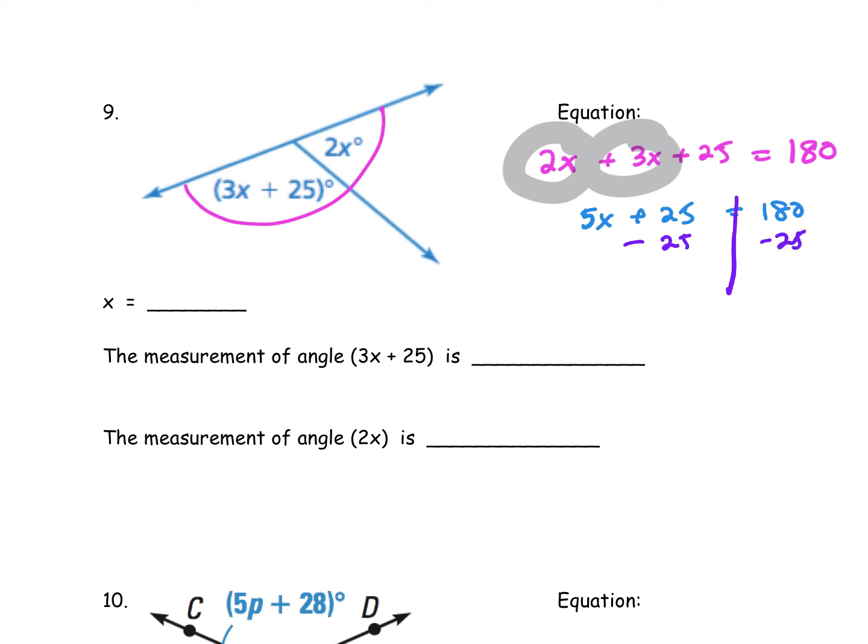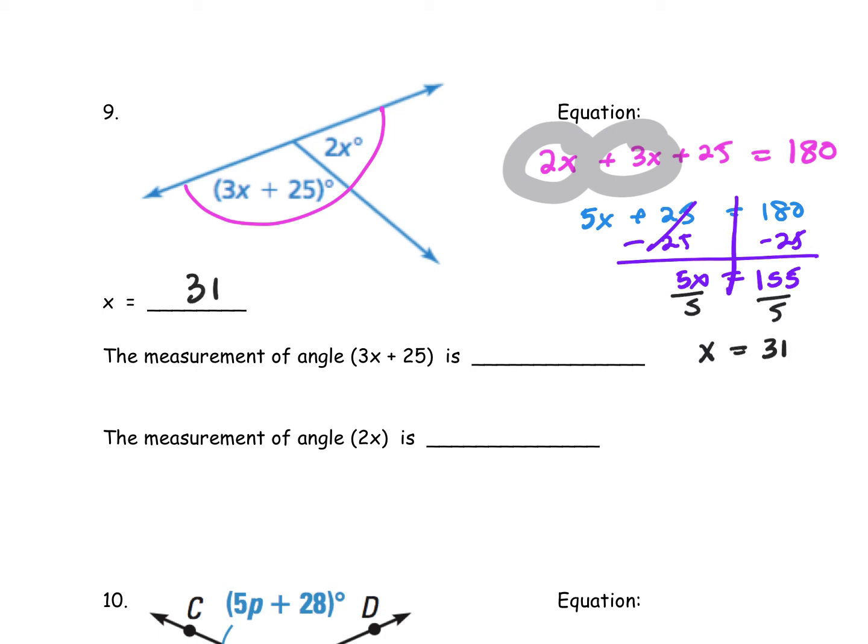We always get rid of the constant first, and then we work on the coefficient. 155, 155. Now we're going to divide by 5 on both sides. And the answer is x equals 31.